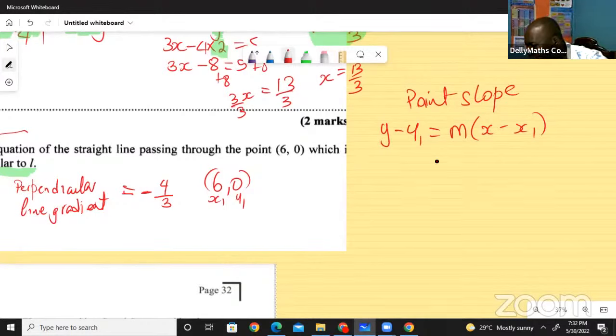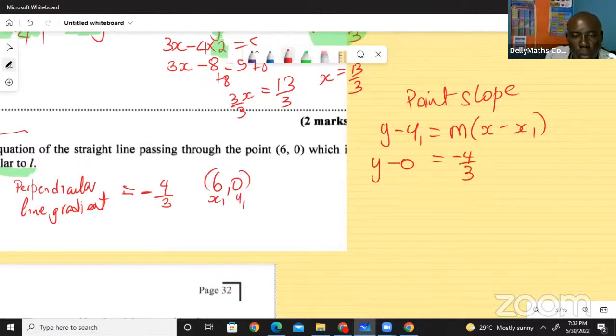So you could put the point and gradient in this and then get the equation of the line very easily. So we're talking about y minus y1, which is 0, is equal to m, which is -4/3, open bracket, x minus x1, which is 6. So y minus 0 is still y. We want to distribute this inside the bracket. So we're going to get -4/3 x.